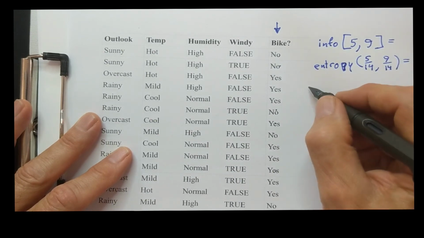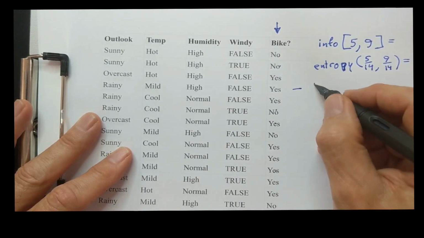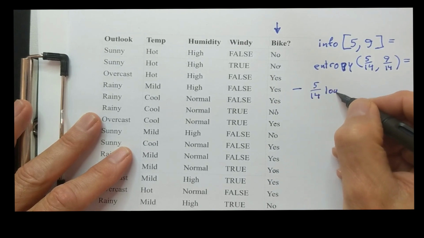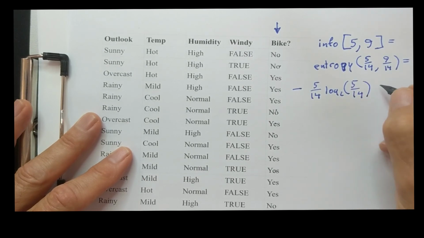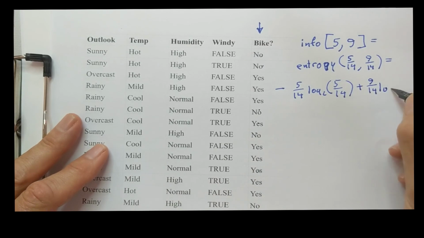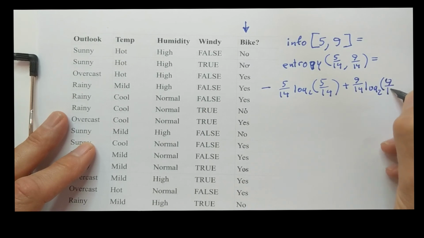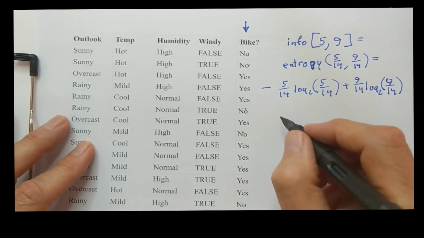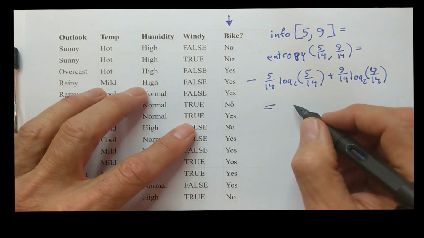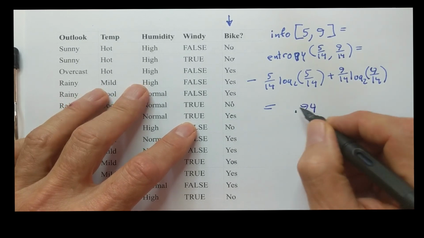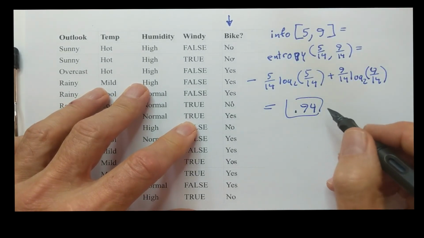And that's minus 5/14 log 2 of 5/14, minus 9/14 log 2 of 9/14. Oh, sorry, I'm spinning off the end here. And that equals, let me look it up. I'm not going to do the math here, but it's around 0.94. So the entropy of this initial problem is 0.94.